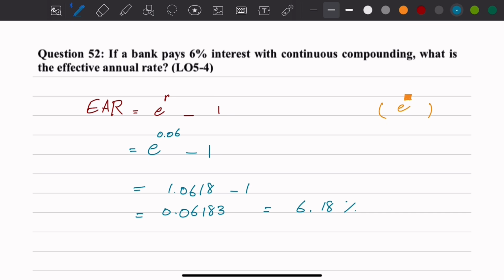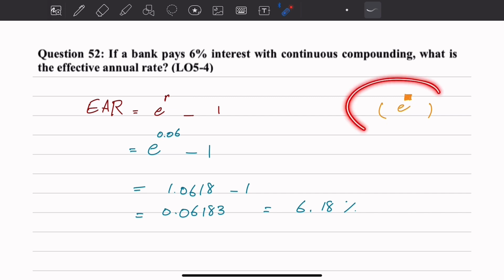So the effective annual rate for a 6% interest that compounds continuously is 6.18%.